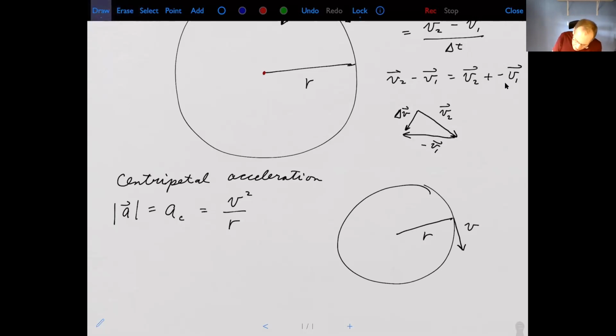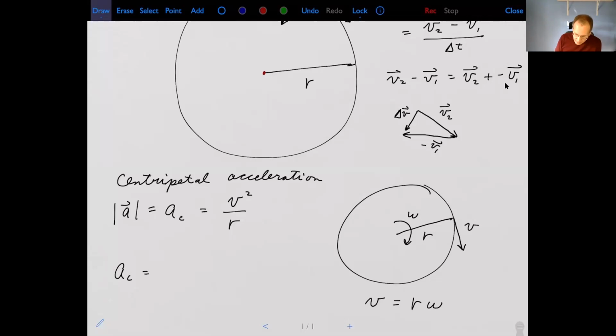And I know that the angular velocity or angular speed omega is so many radians per second, then the v here, this tangential or linear velocity, is simply equal to r times omega.